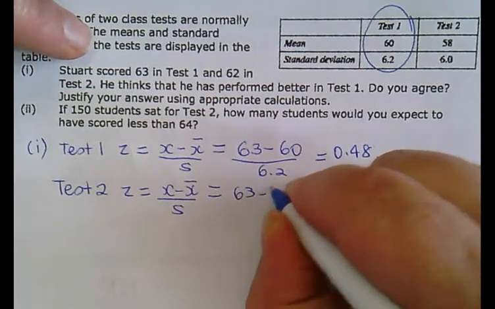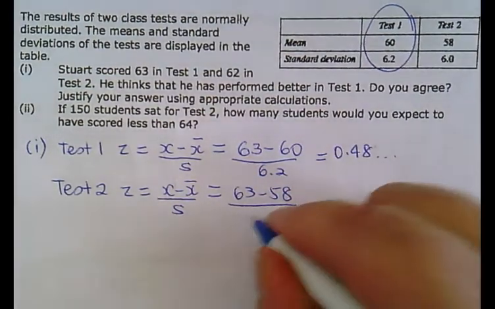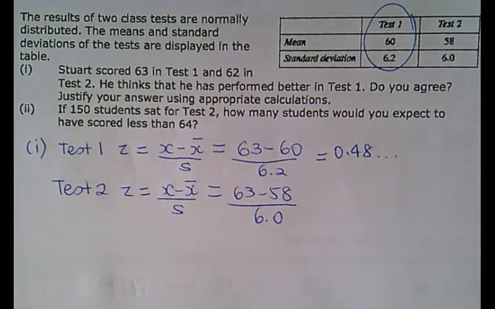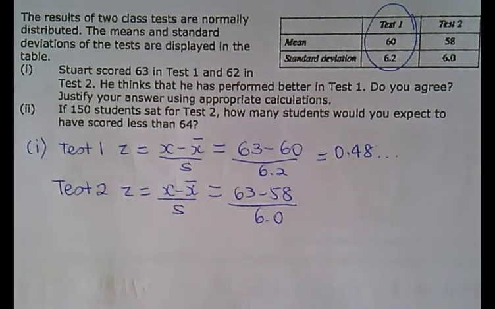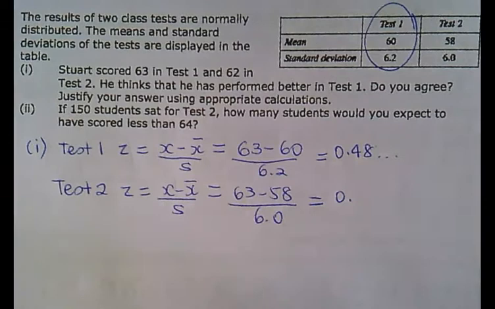It's 63 minus 58. Can you see he's already 5 marks higher? But you do have to take into account the standard deviation as well. It's not just how much higher. We need to know the standard deviation too. Now, I think this is going to be slightly higher. 0.6 recurring, which is 0.666, etc.